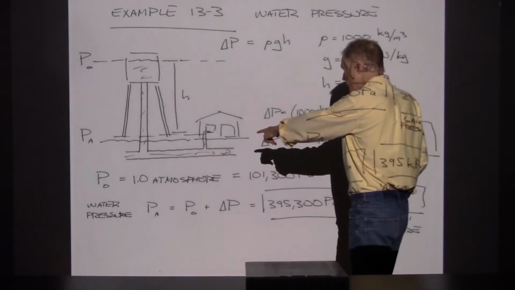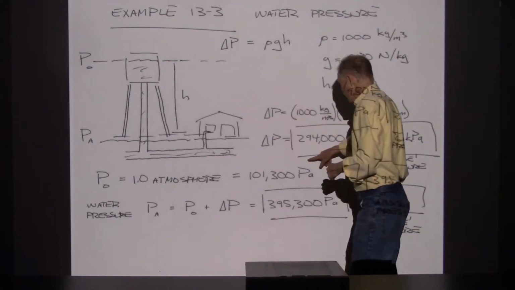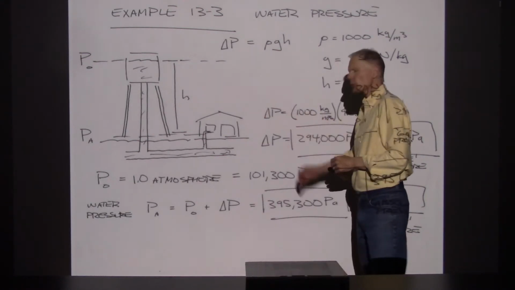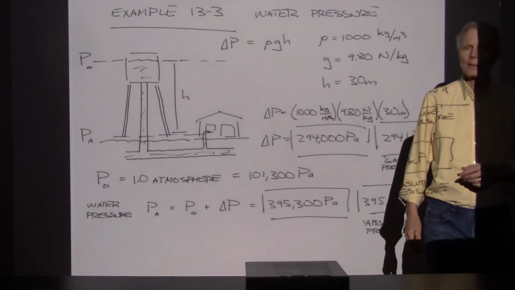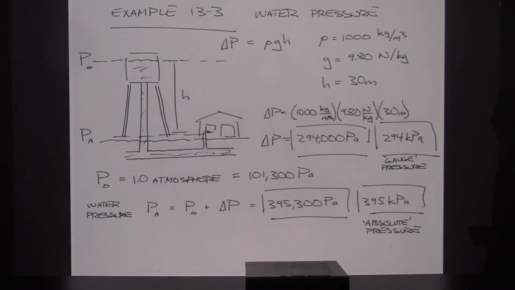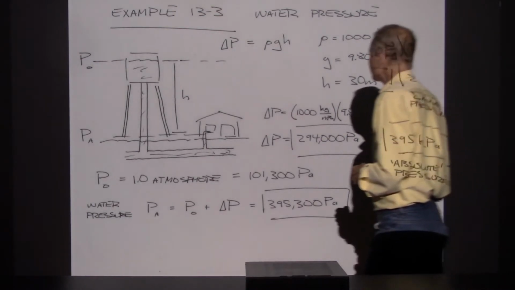So 1 atmosphere of pressure is this. This is the standard unit in pascals. The 1 atmosphere is kind of handy, I think. That's my personal opinion, that working in terms of atmospheres can be useful, but when we're doing calculations, we want to get those numbers back into pascals.